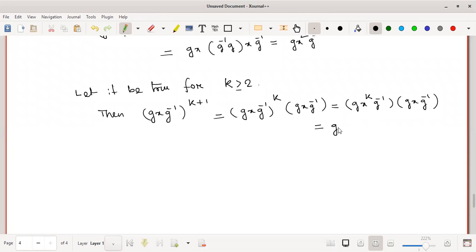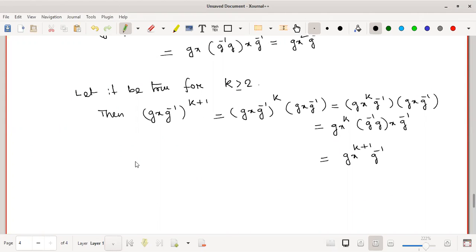Now this is g x to the power k g inverse g x g inverse, equal to g x to the power k plus 1 g inverse. So I am done. That means if you assume it to be true for k, then it must be true for k plus 1 also.